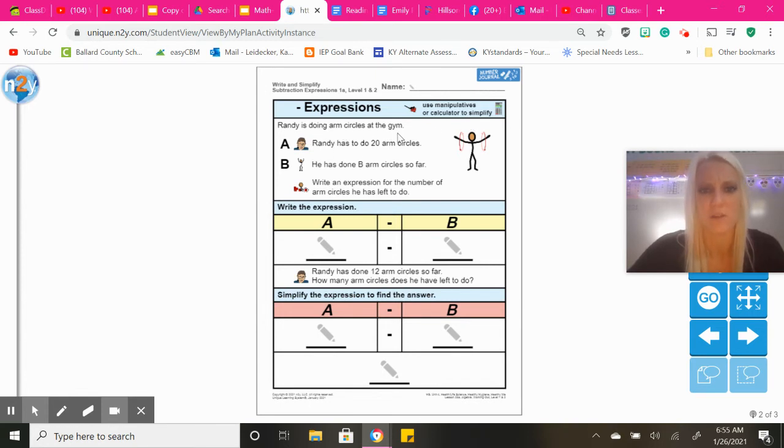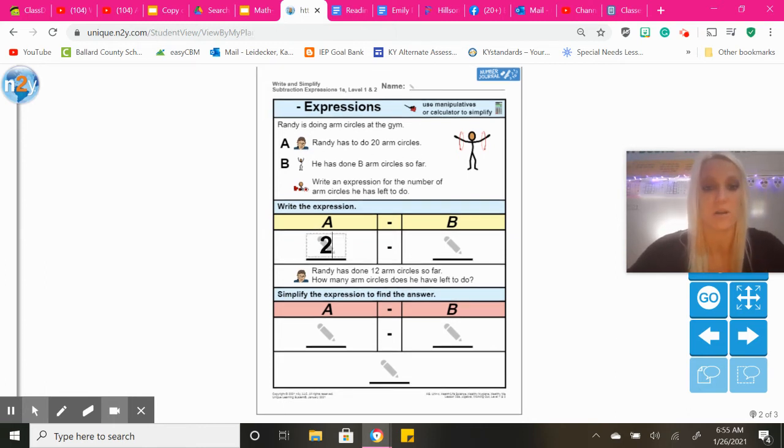So Randy is doing arm circles at the gym. Randy has to do 20 arm circles. So A is 20. He has done B arm circles so far. We don't know how many he's done, so B is going to be B. Randy has done 12 arm circles so far.